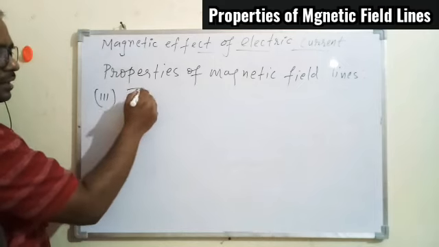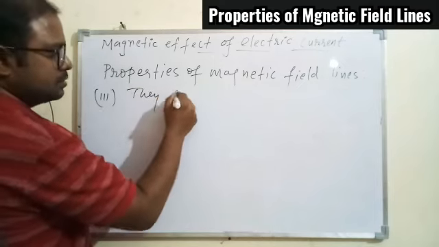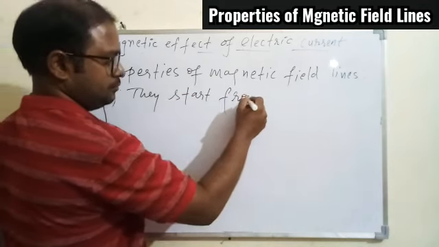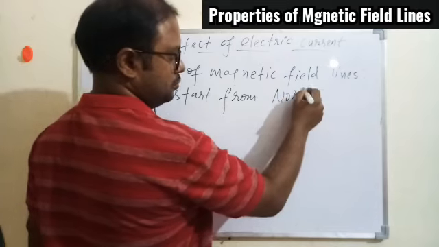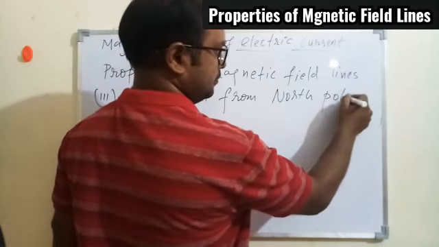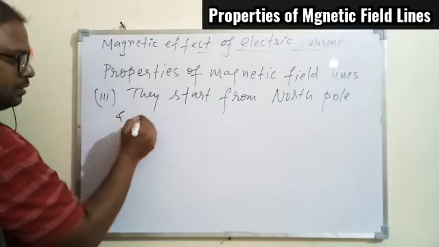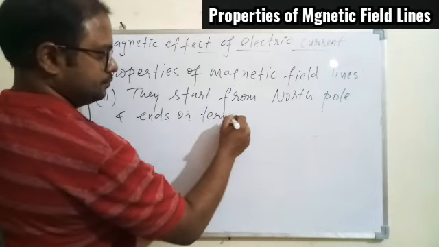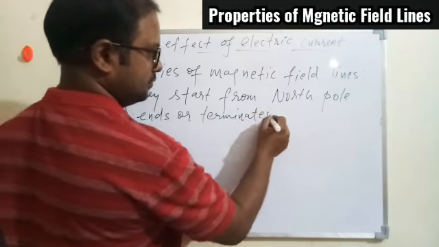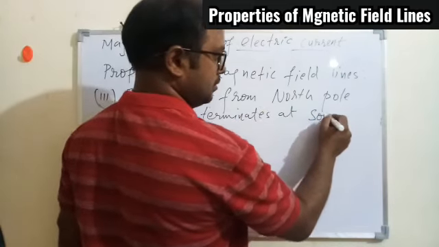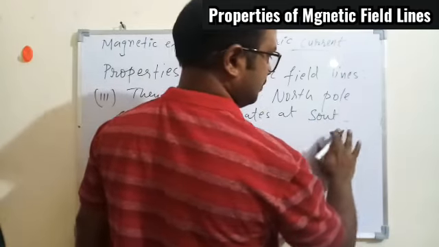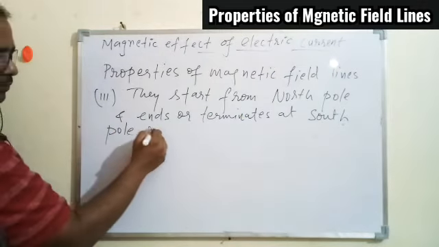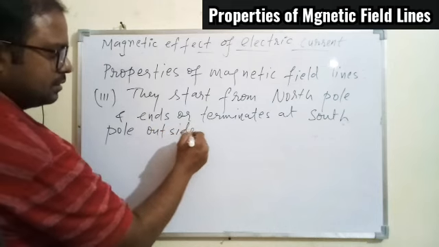I am writing directly: they start from the north pole and end or terminate at the south pole outside the magnet.